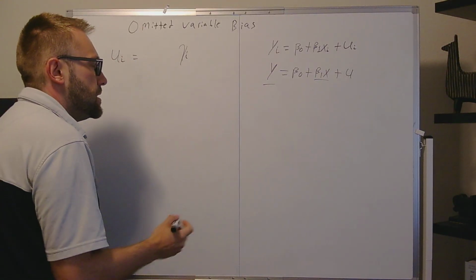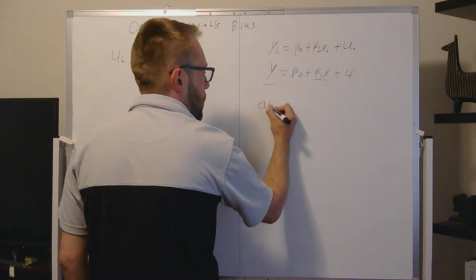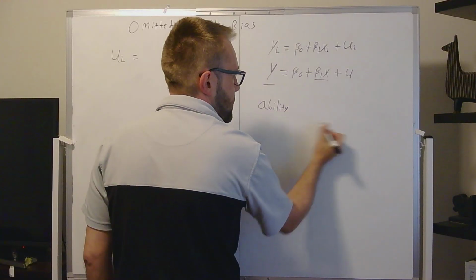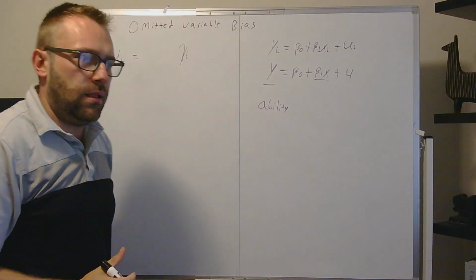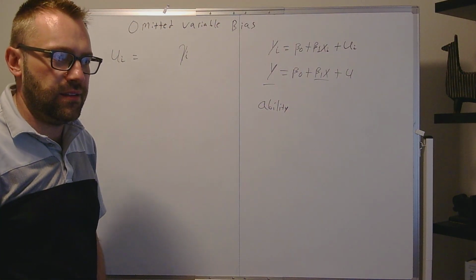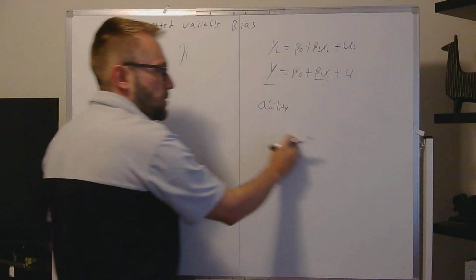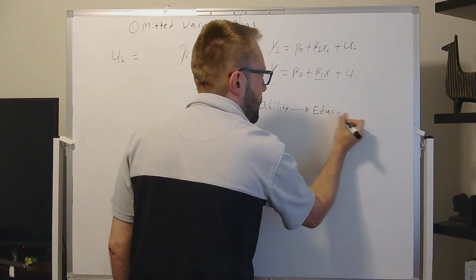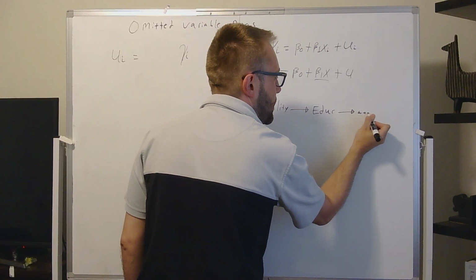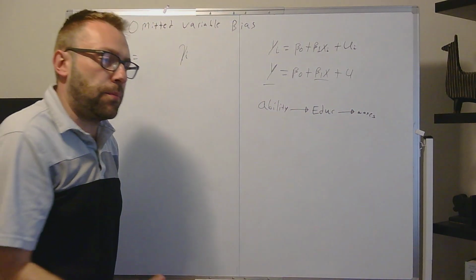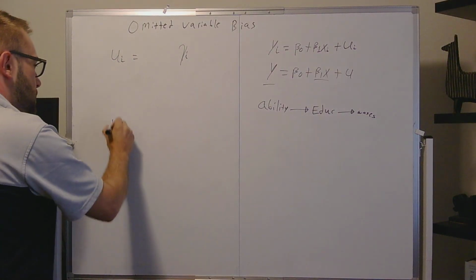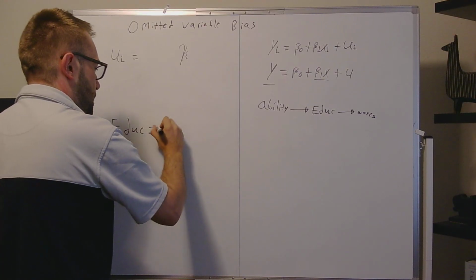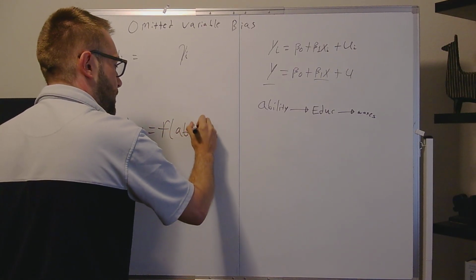If it didn't, consider a weird case where ability didn't affect wages at all, but it affected education. So it didn't affect wages directly, but it affected education. I know this is kind of a weird thing, but if it only did this, this actually wouldn't be a problem. Then we basically would just say education is a function of ability.